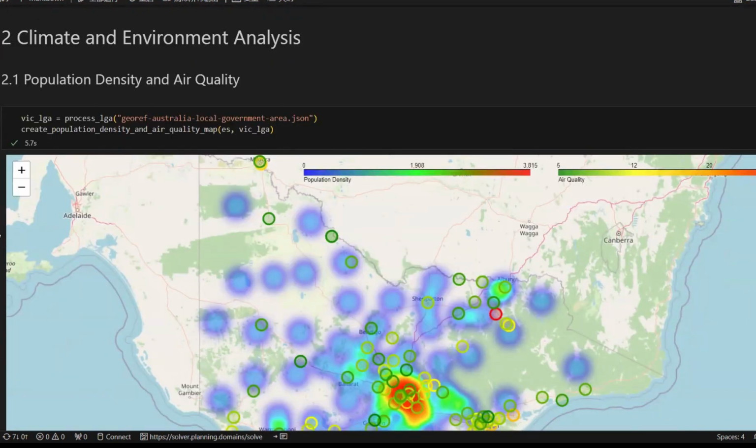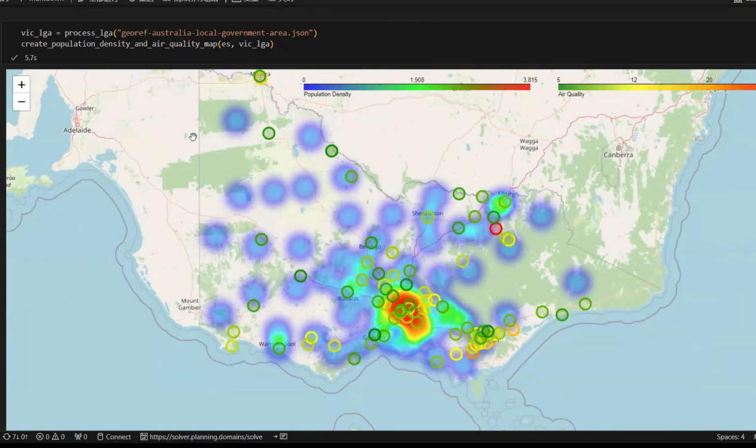When planning a trip, most tourists prioritize climate and environmental factors. Therefore, we conduct an analysis of climate conditions by integrating data from SUDO, EPA, and BOM. The heat map we will develop highlights the population density in Victoria, with blue indicating lower density and red indicating higher density areas.